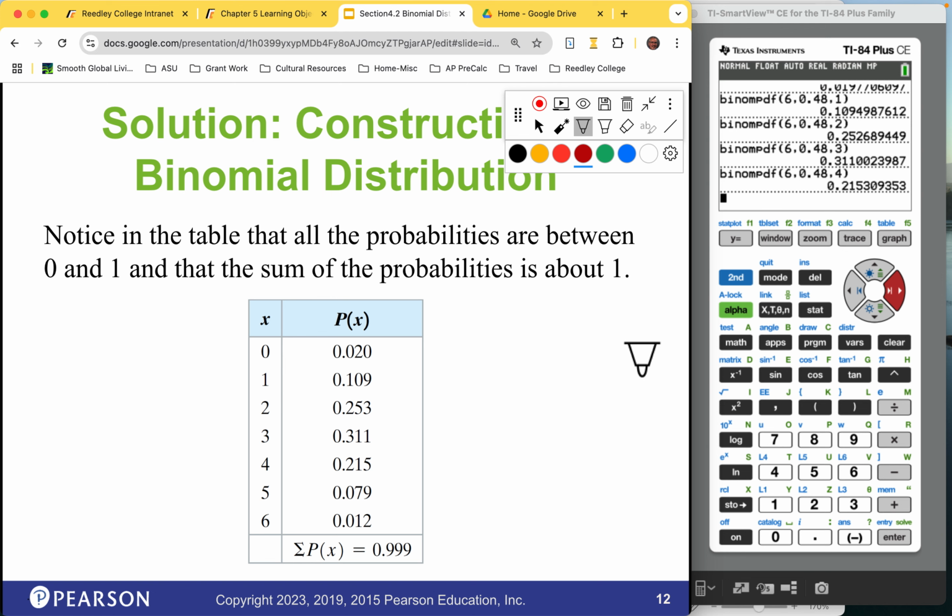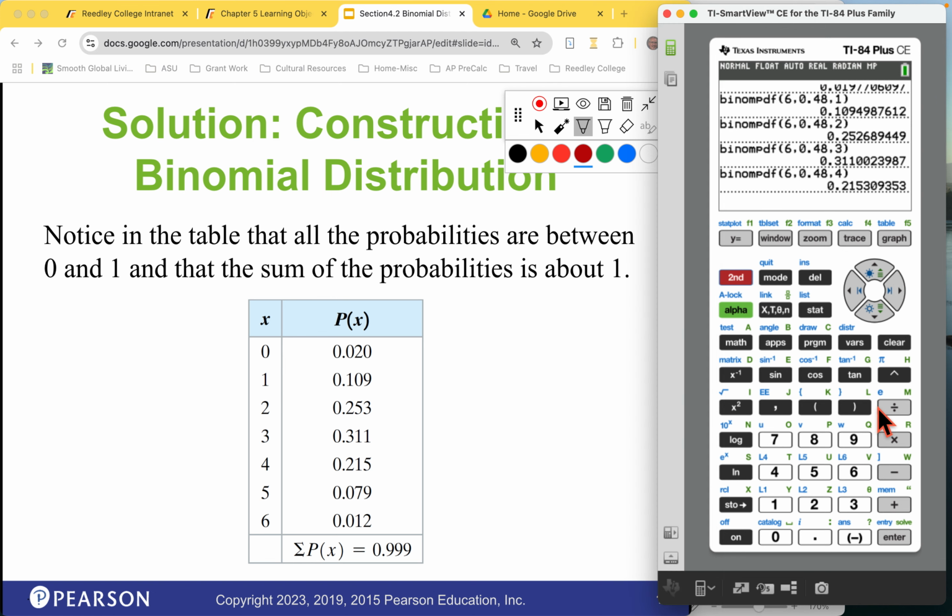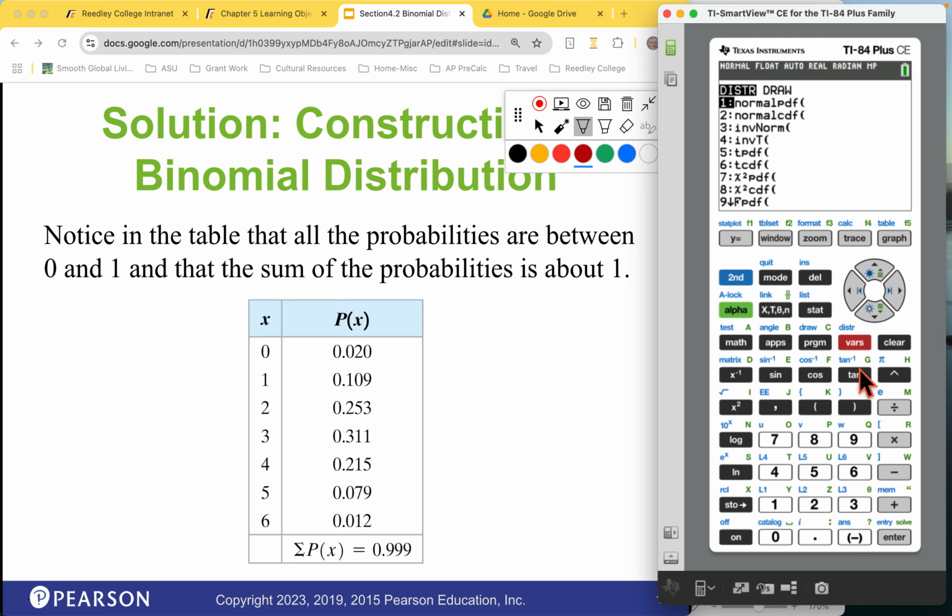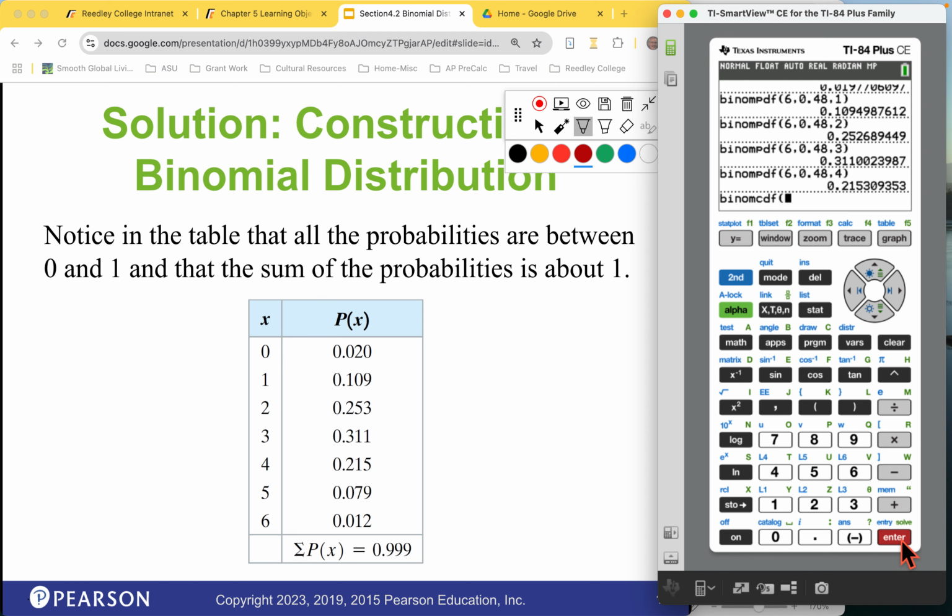Because that's everything. So I'm just going to go second, distribution. Since it's a different feature, not the PDF, I'm going to do the CDF. I put in the same values. I put in 6 trials, 0.48, and I'm going to put 6.